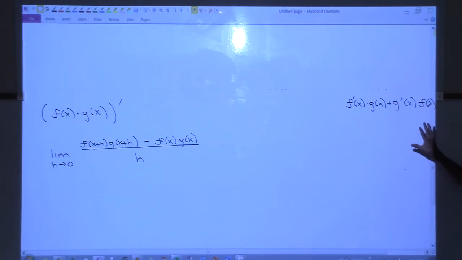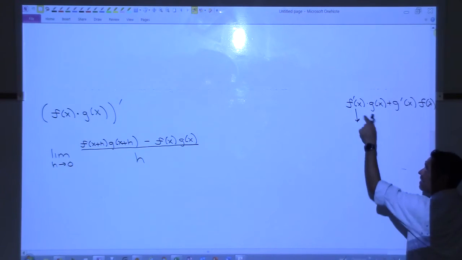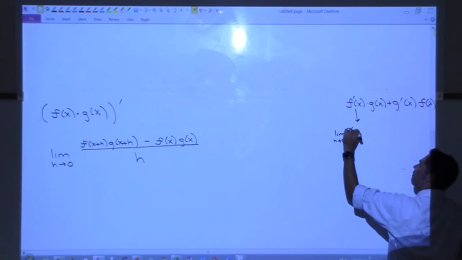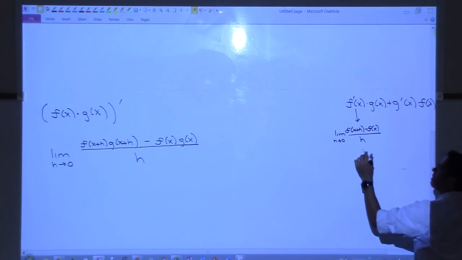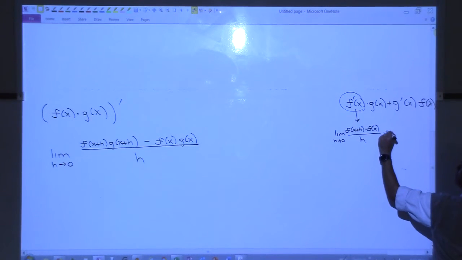Okay, now I'm going to work a little backwards from this because I think it'll help. This, by definition, is the limit as h goes to 0 of f of x plus h minus f of x all over h, right? Isn't that what that is right there? Yes? And then times g of x.